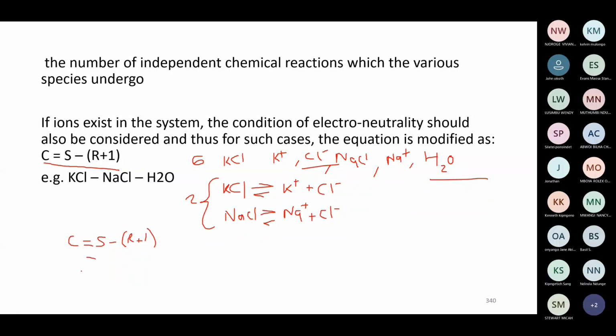This is going to be equal to 6 minus 2 plus 1. So this equals 3. So here, this is going to be a 3 component system. So that's how you determine the number of components in that particular system.